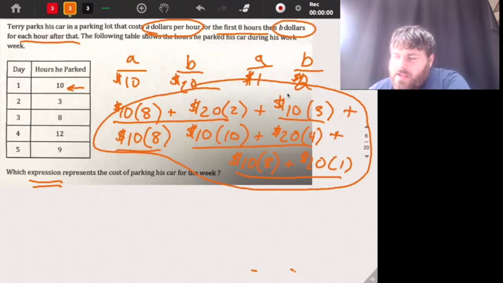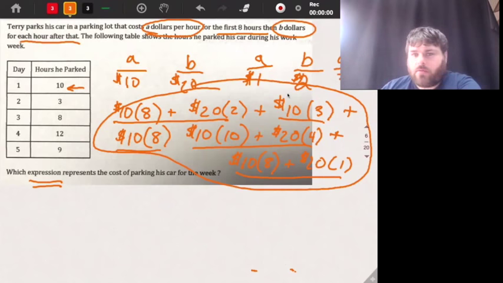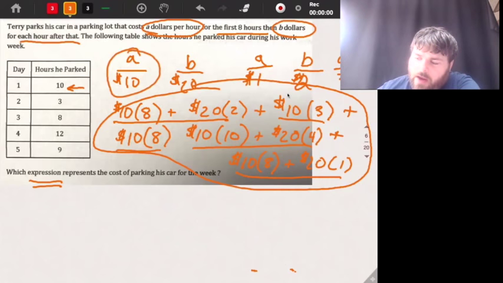Okay, so what that means is, what if I let A and B be variables now? So we're not going to let them be numbers. We're just going to let them be variables. Well, I would replace those from the expression with A's and B's. So every time I see a $10, remember $10 was A, so I'd put an A right here. So it would really say A times 8 plus $20 times 2.